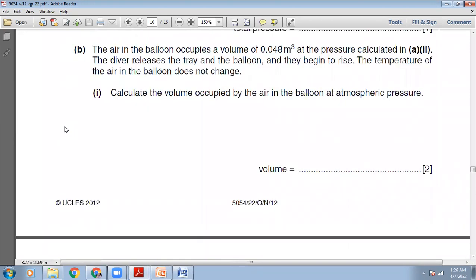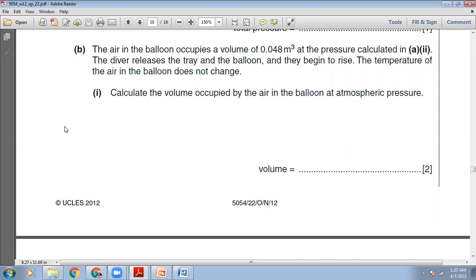The air in the balloon occupies a volume of 0.048 meter cube at the pressure calculated in the second part. The diver releases the tray and the balloon, and they begin to rise. The temperature of the air in the balloon does not change. Calculate the volume occupied by the air in the balloon at the atmospheric pressure.